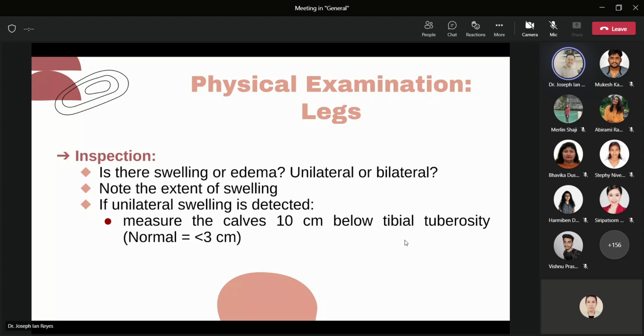Normally, the difference would be less than 3. So if the difference between the calves is more than 3 centimeters, there is unilateral swelling. Okay. So if both feet are swollen or edematous, then when you measure them, the difference is less than 3. So that's bilateral. Okay.